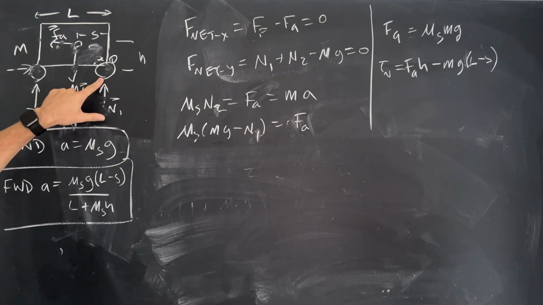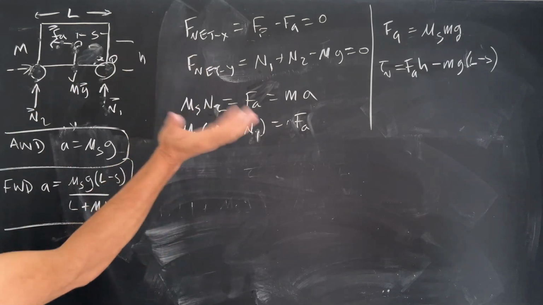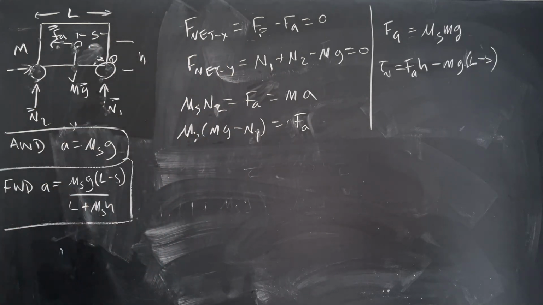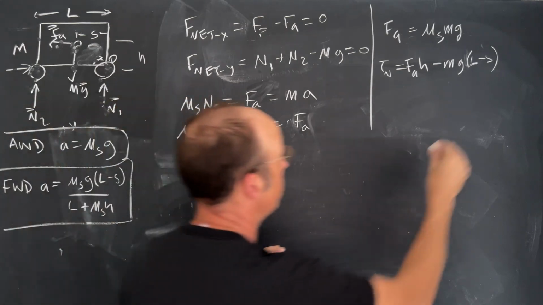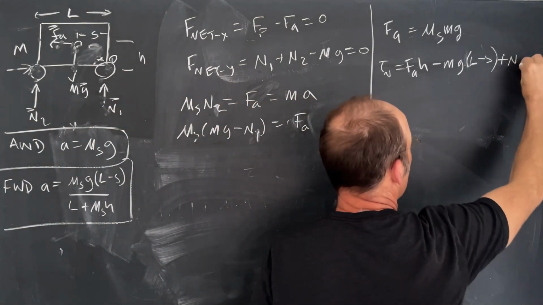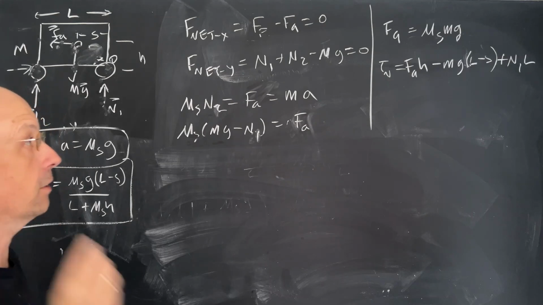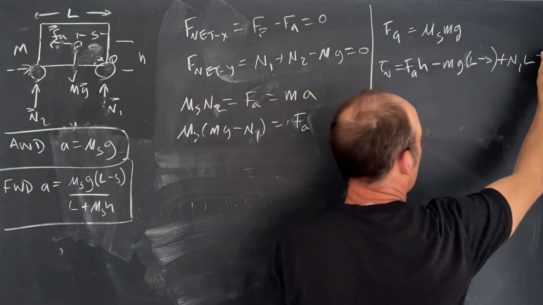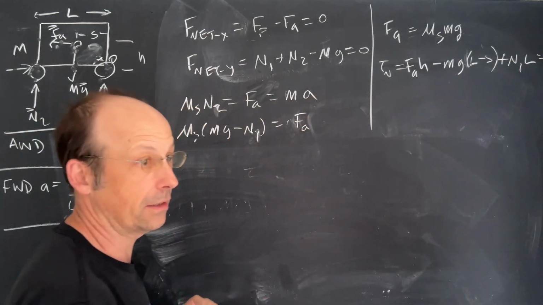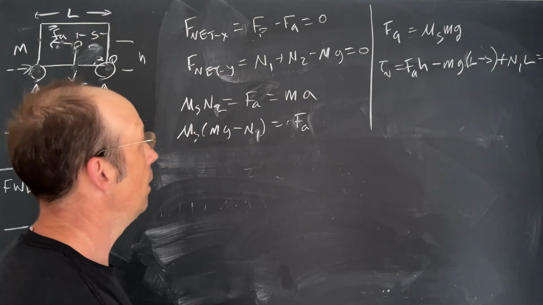And then I just have this one, it's going to be positive, so it's N1 times L. And that's going to be equal to 0.